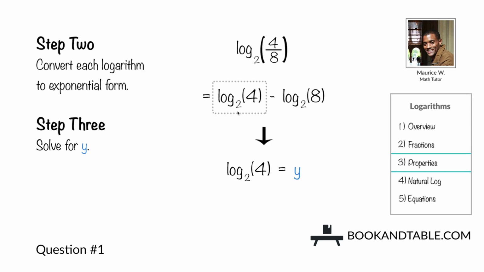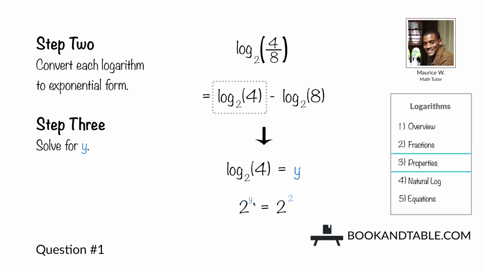So we'll begin with this term, the log of base 2 of 4. We'll set that equal to y, allowing us to convert it to exponential form by taking our base 2, raising it to a power of y, and setting that equal to the argument 4. And 4 is equal to 2 squared.